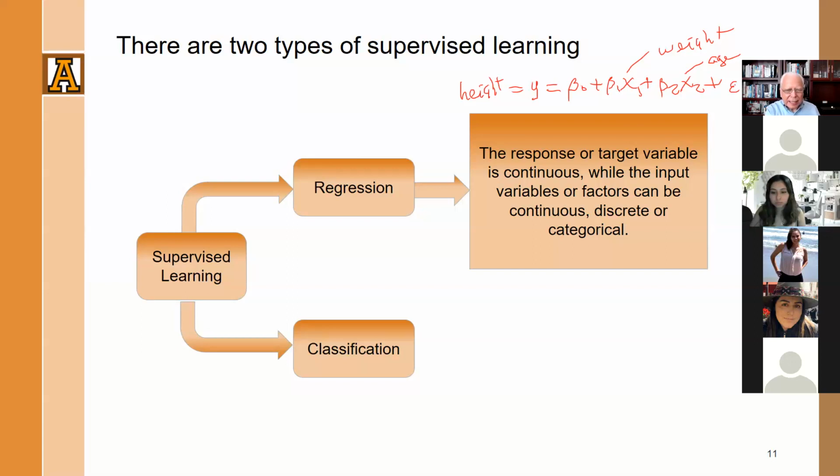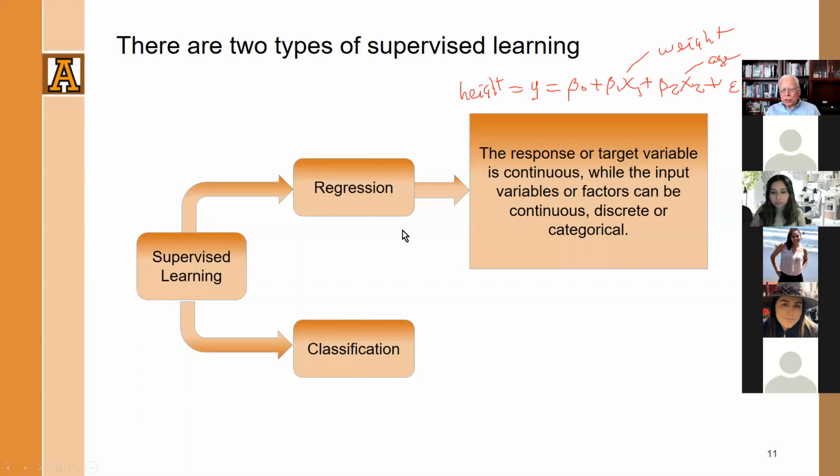That's supervised learning, because for a bunch of individuals I already have their height, their weight, and their age. So when another individual comes, I look at his or her weight and age, and I can try to predict their height based on those two variables. So when the response is continuous, it's called regression.